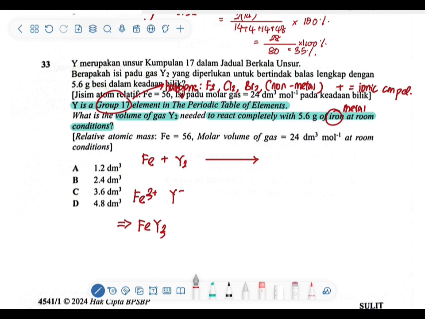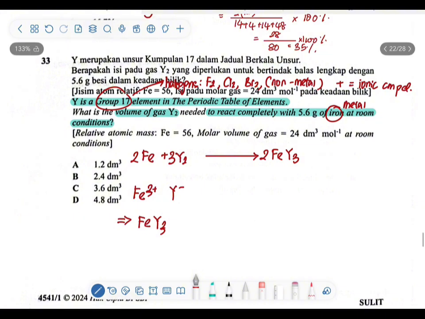The charge for the ion is Fe 3+, which is a brown color substance. So they will form FeY3. In order to balance the equation, we put 3 for the Y2, and then we get 2 FeY3. Then at the left hand side we only have one iron, and at the right hand side we have 2, so we put 2 in front of it.